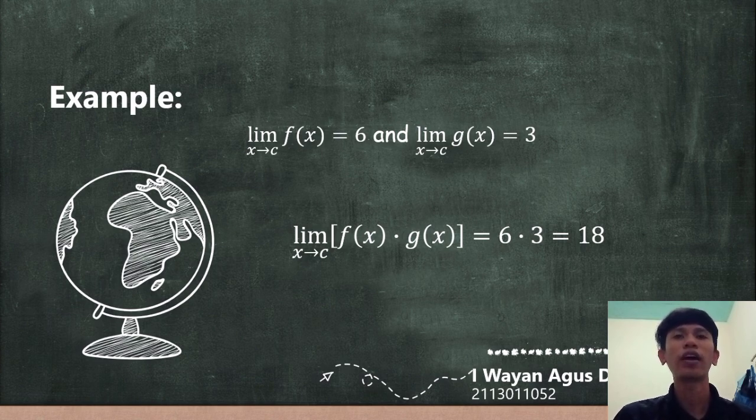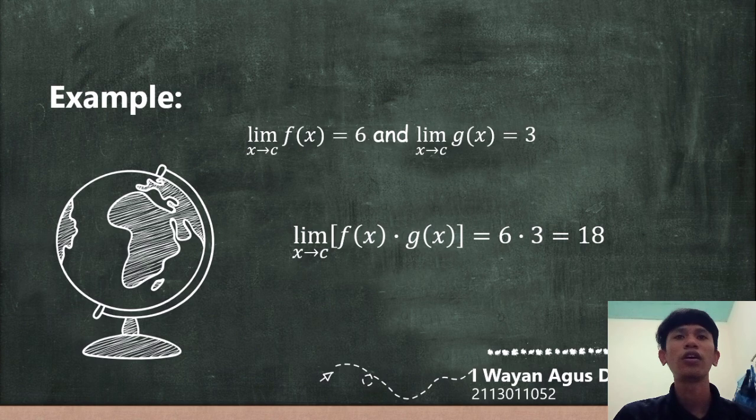The limit of f of x as x approaches c is equal to 6, and the limit of g of x as x approaches c is equal to 3.